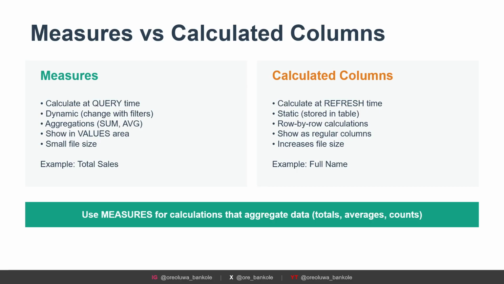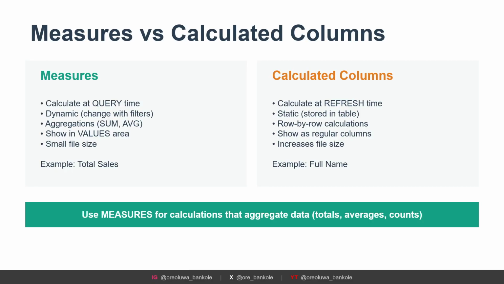So measures can be dynamic. They are dynamic in nature. But even though they are dynamic, they are made for one simple thing, which is aggregation. When we want to find the sum of something, find the average of something, or show the total amount of something.